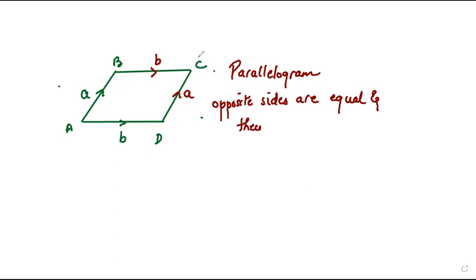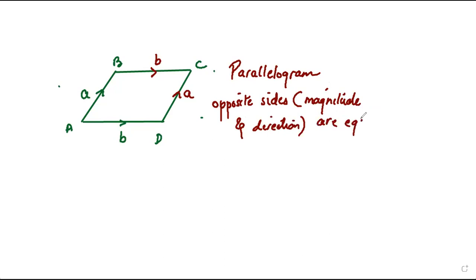So simple direction, opposite side, that means opposite sides in terms of magnitude and direction are equal in vectors. So let me do one question.